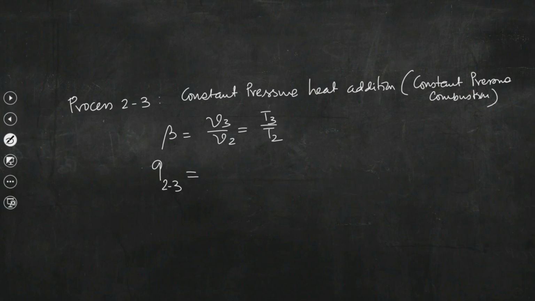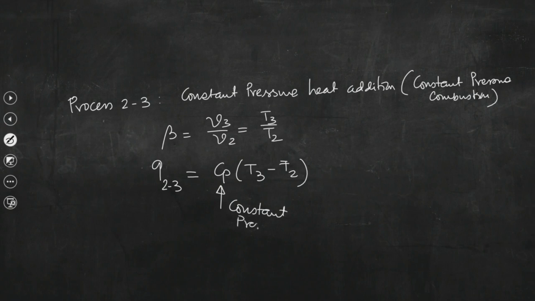Q23, because we are interested in the addition of heat into the system, I can write in specific form, that is Cp into T3 minus T2. Why is it Cp? Because the process is a constant pressure process, right.